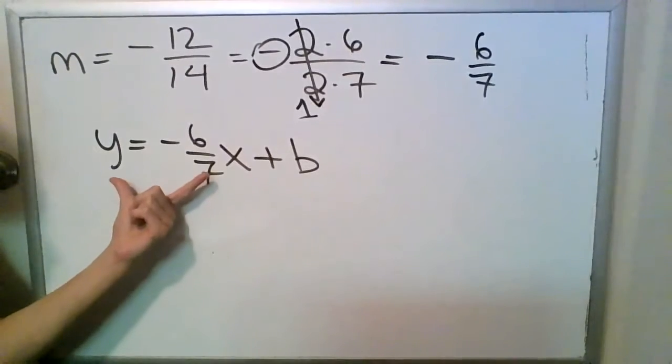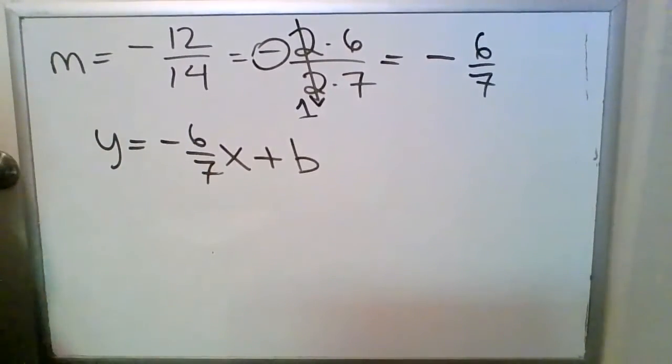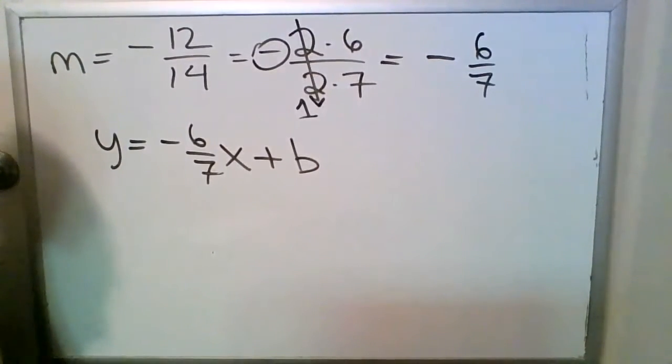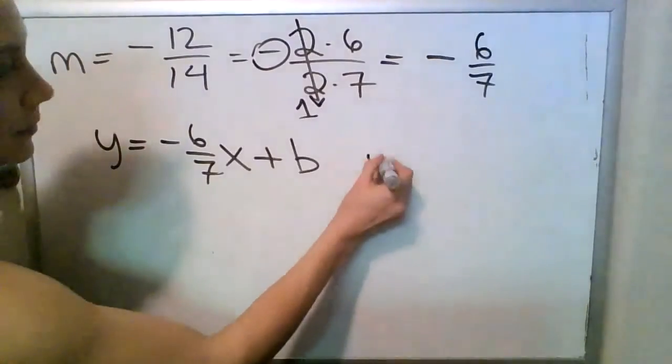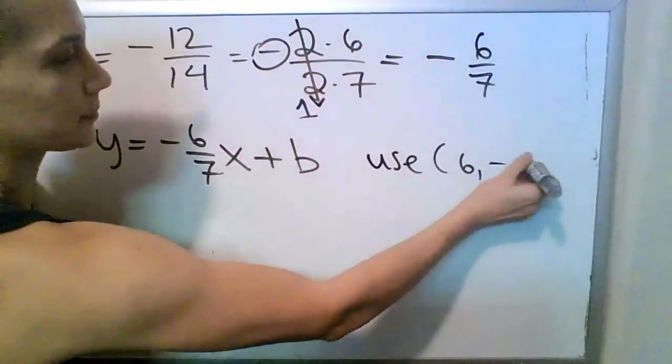You need to figure out what that number b is. You can pick either of your points. You put in your x and your y from either the first point or the second point. I'm going to use the second point where x equals 6 and y is -5.